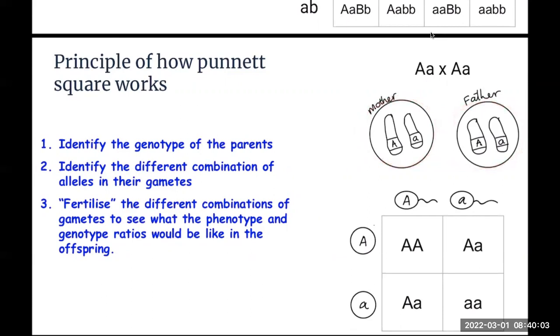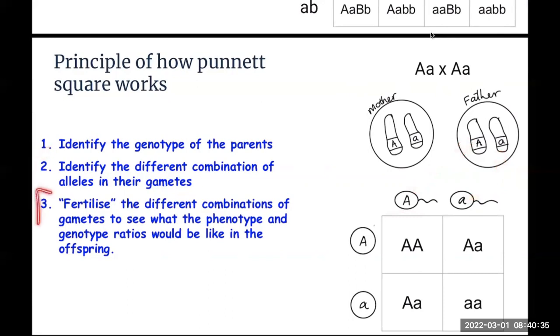Inside the cell, you have gene A sitting on a pair of chromosomes. When you produce sperms and eggs, your gametes, you separate them. One sperm inherits one of the alleles and the other sperm inherits the other allele. So 50% of the sperm is going to get this one. The other 50% of the sperm is going to get the little a allele. So that is your step number 2.